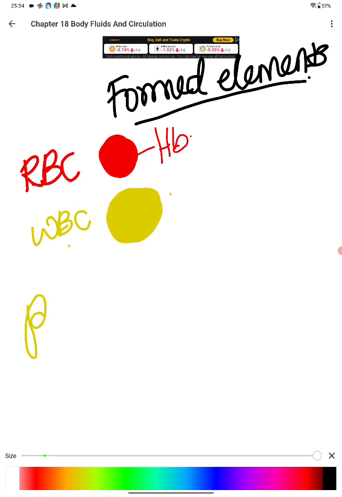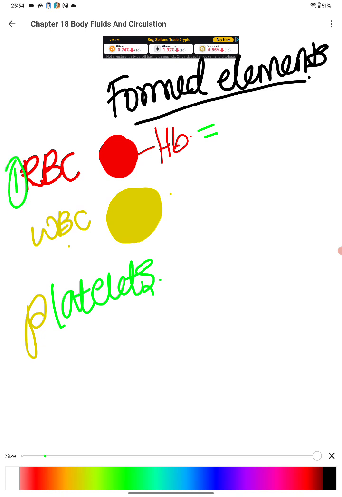Then there are platelets. So the normal RBC number in females and males is different. Now let's talk separately about the RBCs. So there are three types of cells: RBC, WBC and platelets. Understood, right?